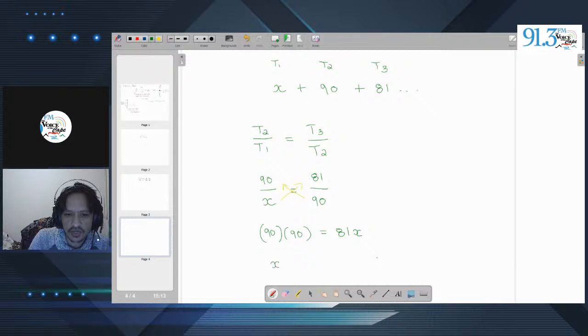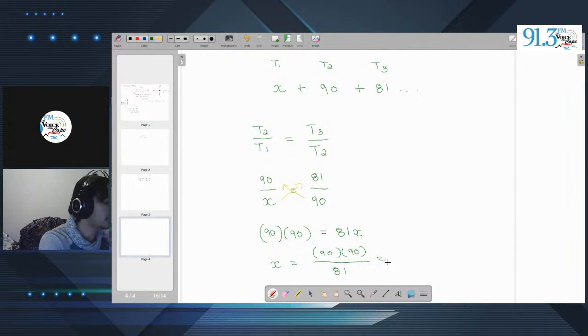This just means x is equal to 90 times 90 over 81. Let me just get my calculator here, if I can find it. Oh, okay, here we go.